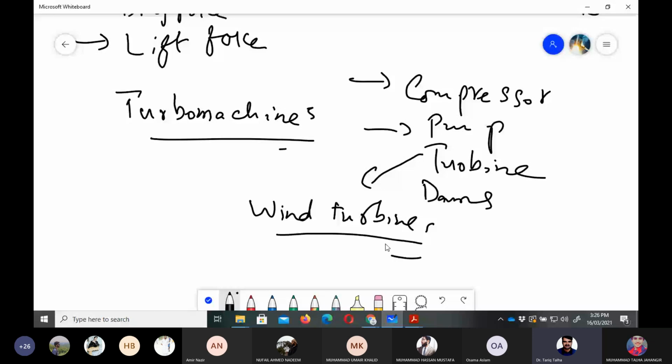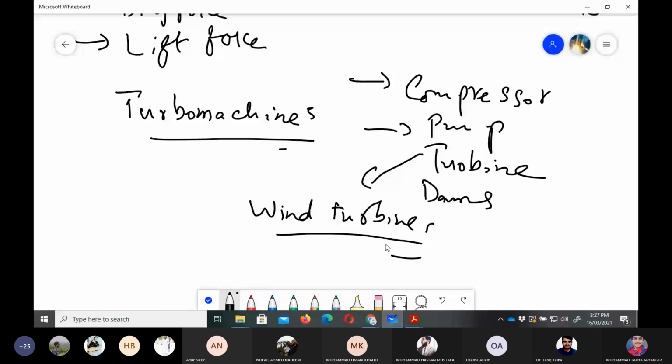So turbo machines are the basic application of fluid mechanics. We will try to cover as much as possible from turbo machines, so that you are well equipped with the fundamental principles of these two types of turbo machines.